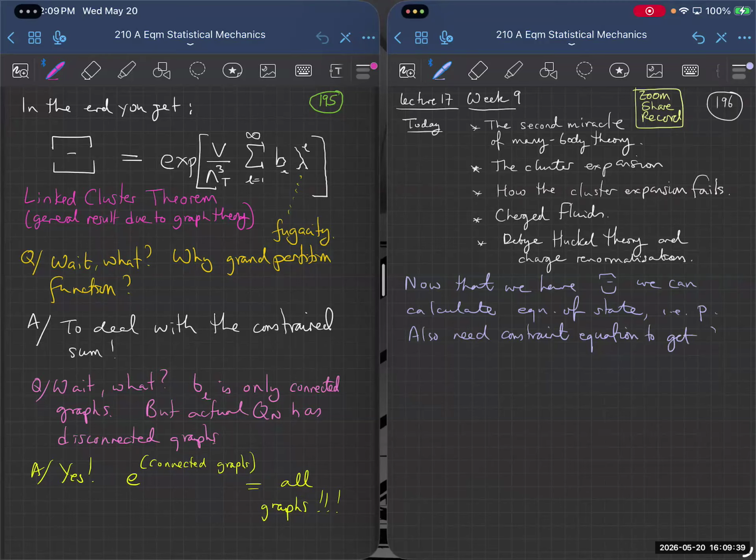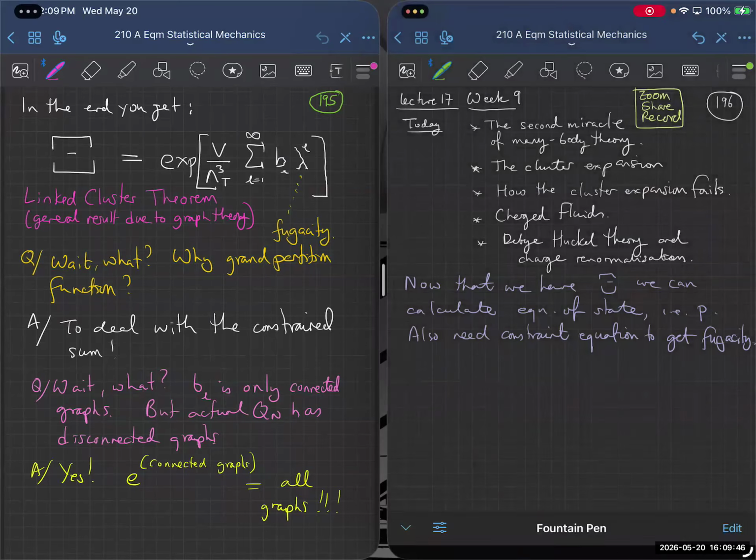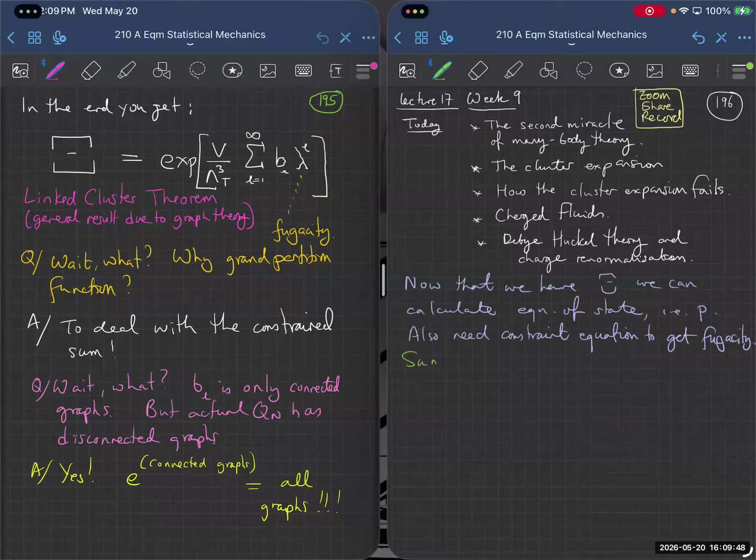To get the fugacity. So in a nutshell, the summary of the next part of the lecture is this.